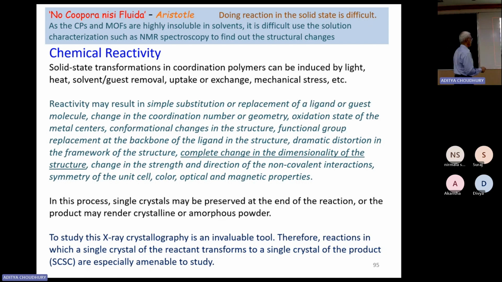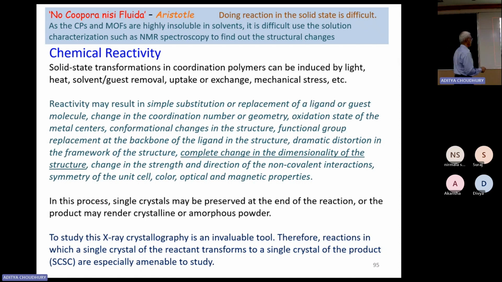And uptake, exchange, mechanical stress. All these things you can do. There are many reactions you can do this way in the solid state. Right from substitution, replacement of molecules, and that will lead to change in the coordination geometry and coordination number, even oxidation state.